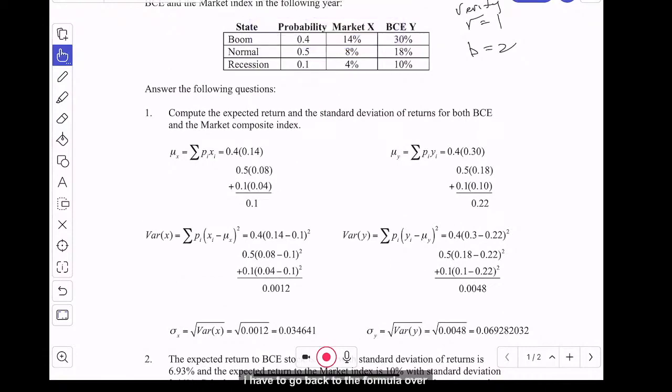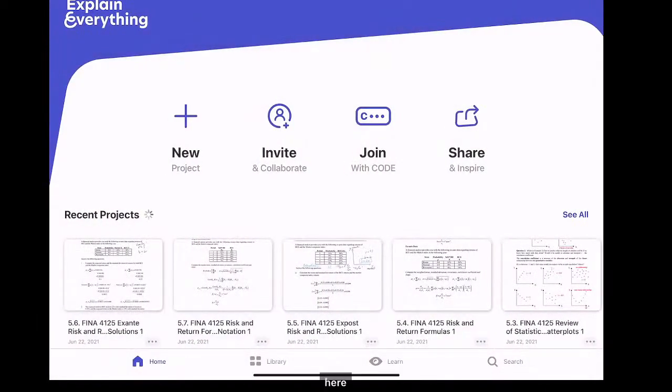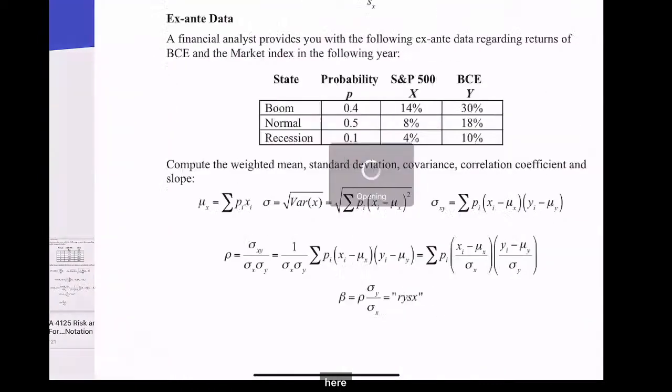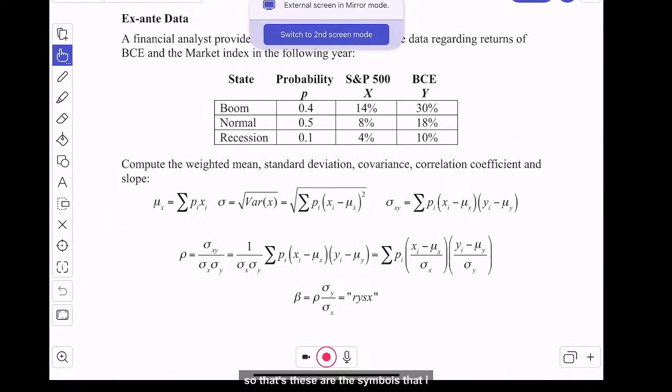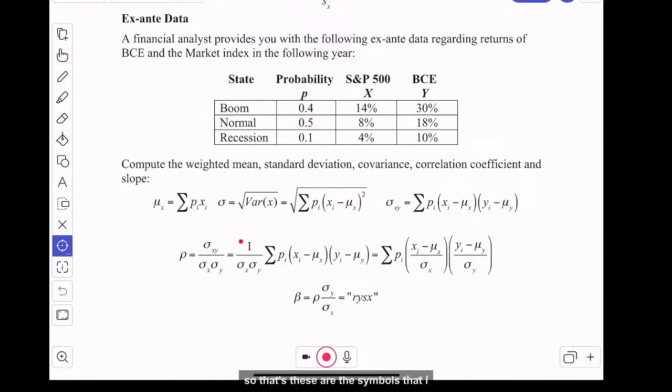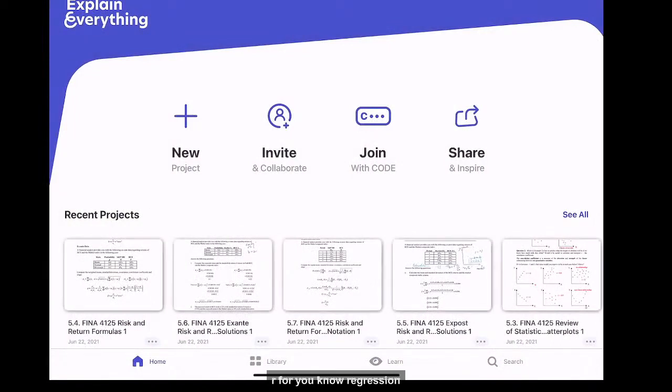I have to go back to the formula over here. So these are the symbols that I used for correlation. It's a Greek letter, rho, for correlation, and r for regression.